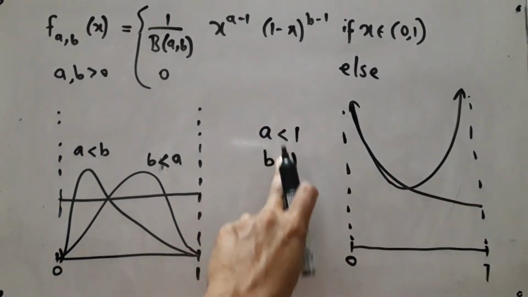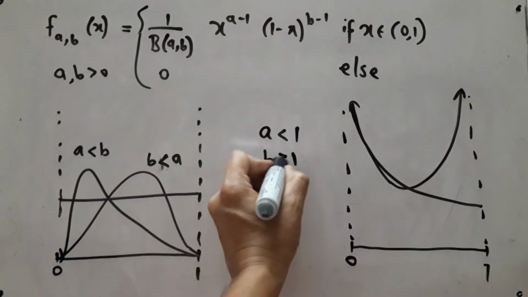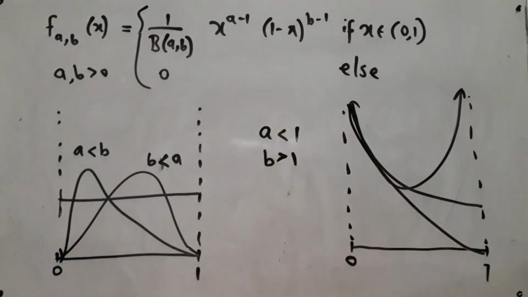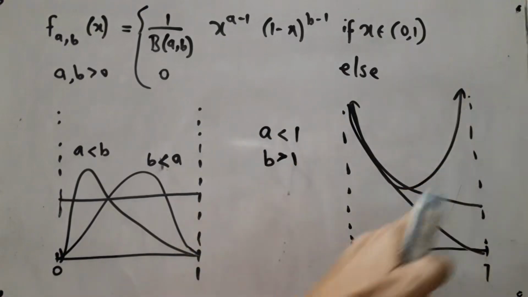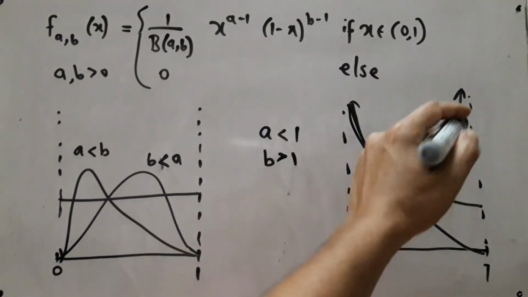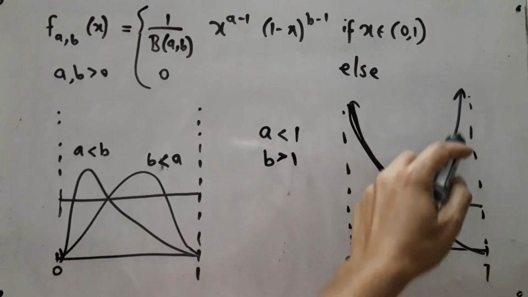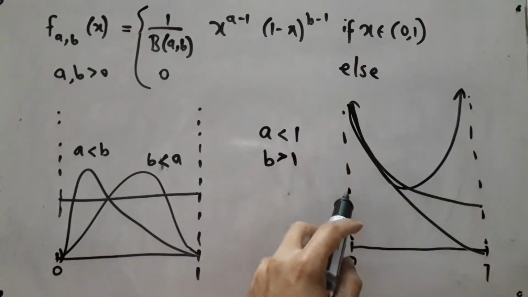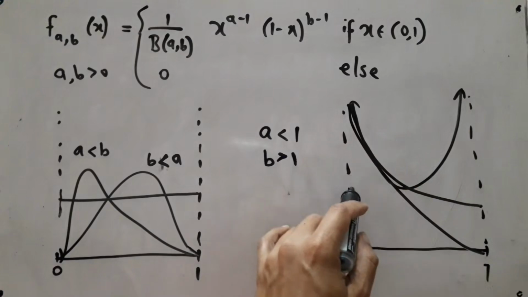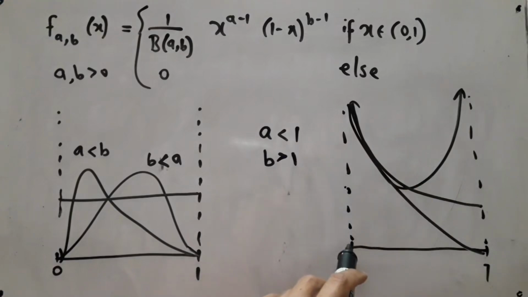And if b is greater than 1, then it will hit 0 here. And similarly, you can have just the other behavior. b is less than 1, so it is going up, but a is equal to 1, so it will hit at some finite non-zero height. If a is greater than 1, in that case, it will hit 0.